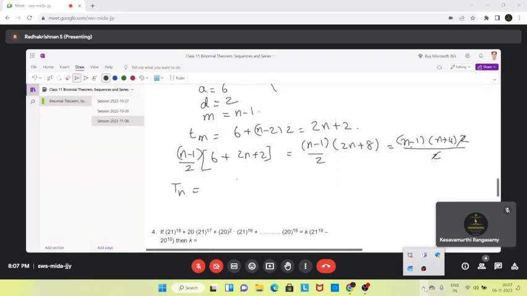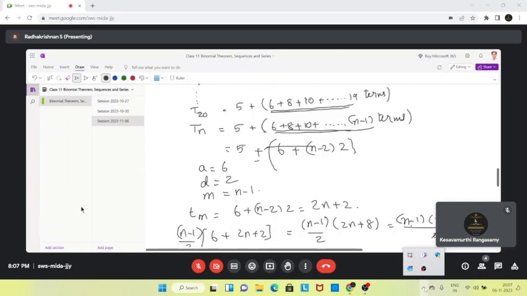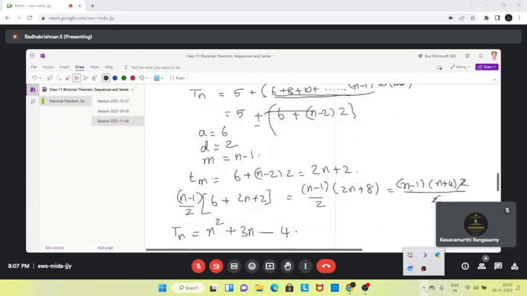I will expand this: n square plus 3n minus 4. So all I have done is Tn equal to 5 plus, 5 also is there, right? So I have to put a plus 5.